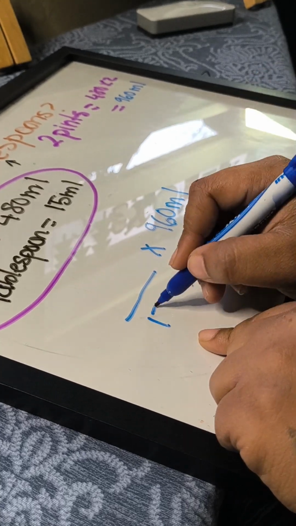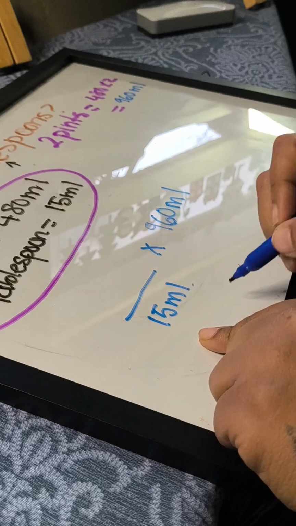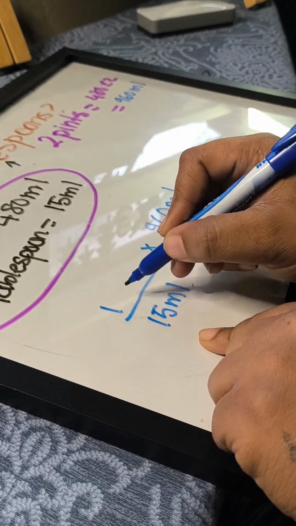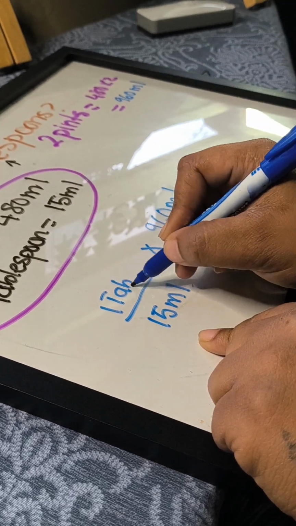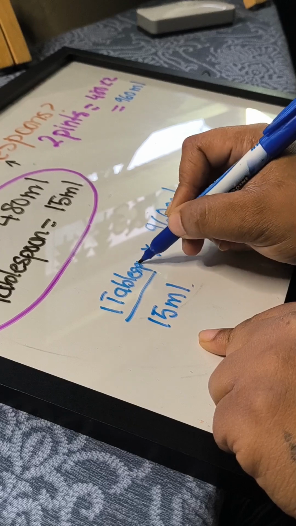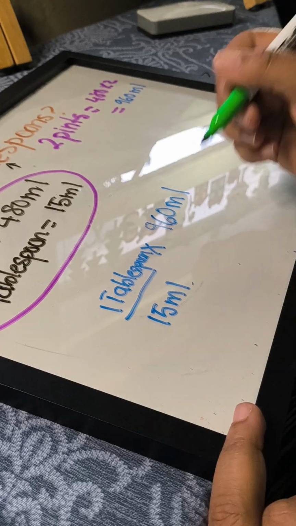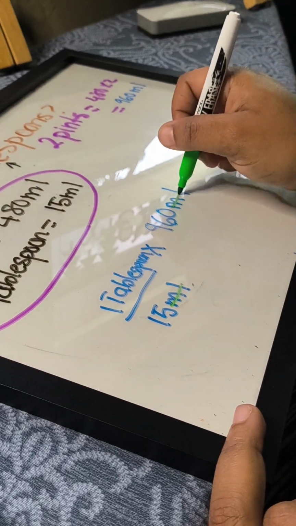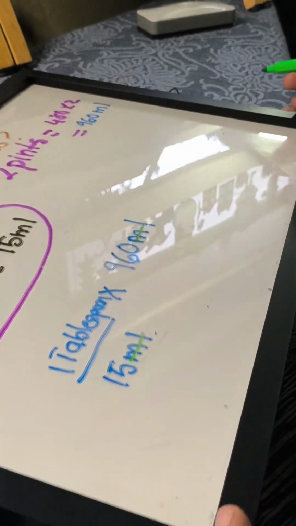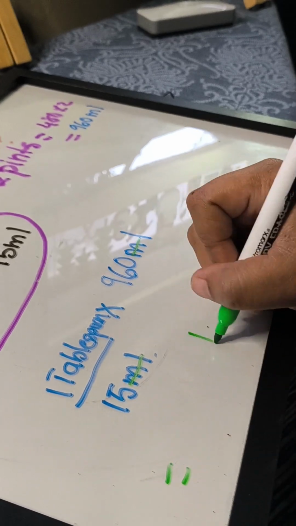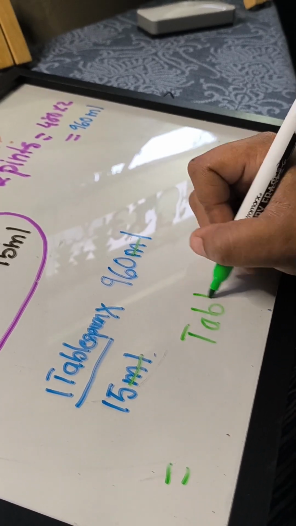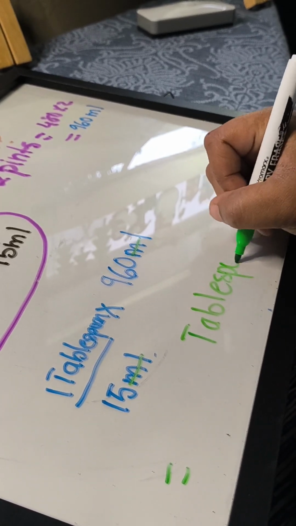So I will put my 15 milliliters here. 15 milliliters is equal to 1 tablespoon. Okay, I'll get a different color so you guys can see what I'm doing. I'm going to cancel the milliliters and the milliliters, and I'm left with only tablespoons. So I bring it here, and I will write tablespoon first. Then we'll go do the math, okay?